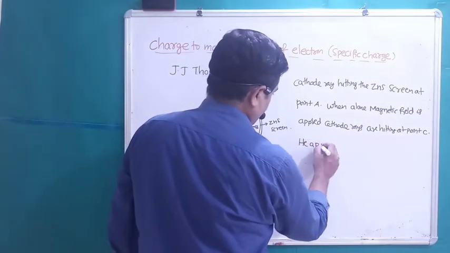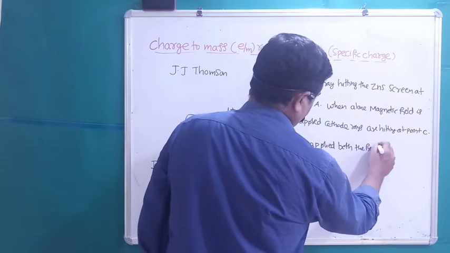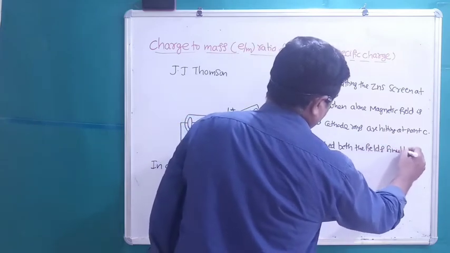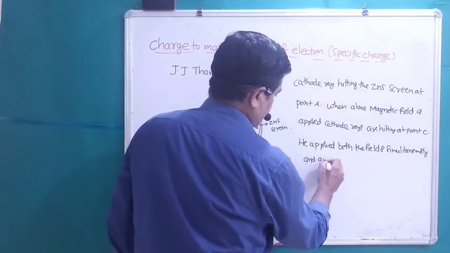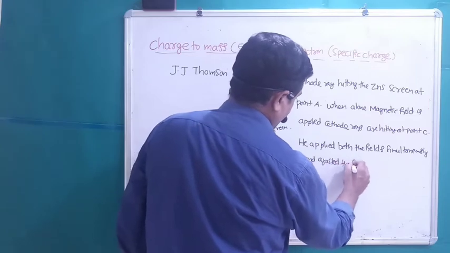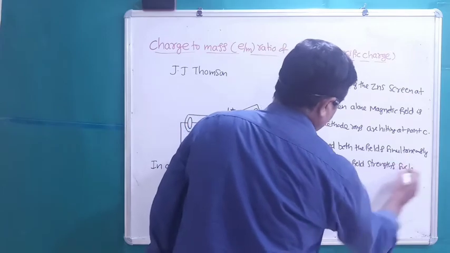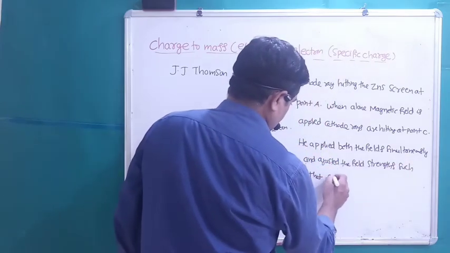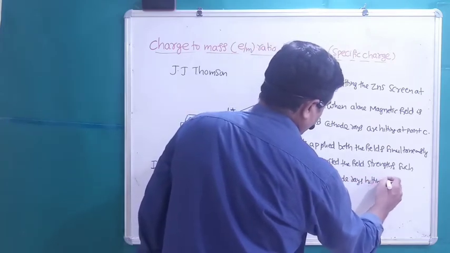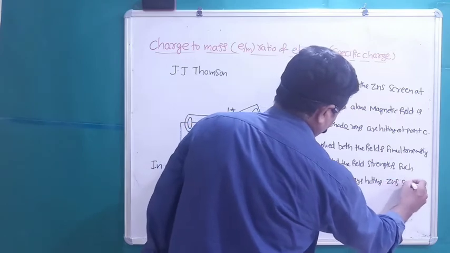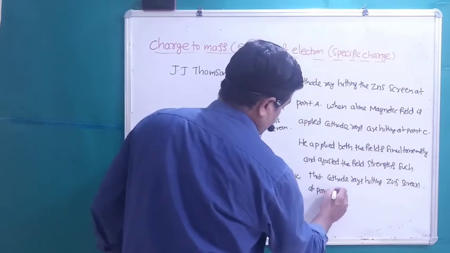He applied both the fields simultaneously and adjusted the field strengths such that cathode rays hit the zinc sulfide screen at point B, right?